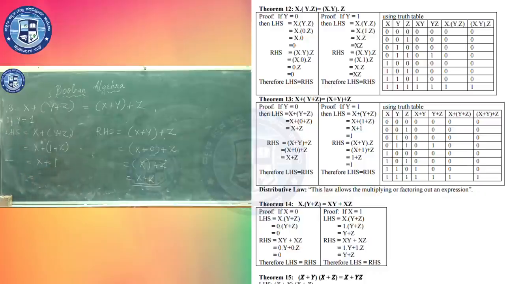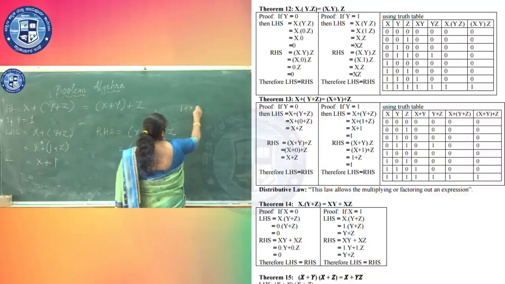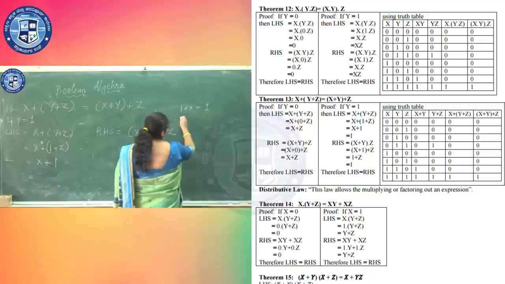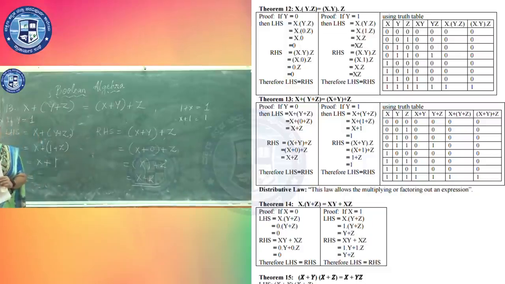Again, from the properties of 0 and 1, please turn back and look at them if you want. We have 1 plus x giving the value 1, that is x plus 1 will be equal to 1. That is already proved, and those theorems we are making use of here also. Again, if I am taking x plus 1, that will be giving you the value 1.